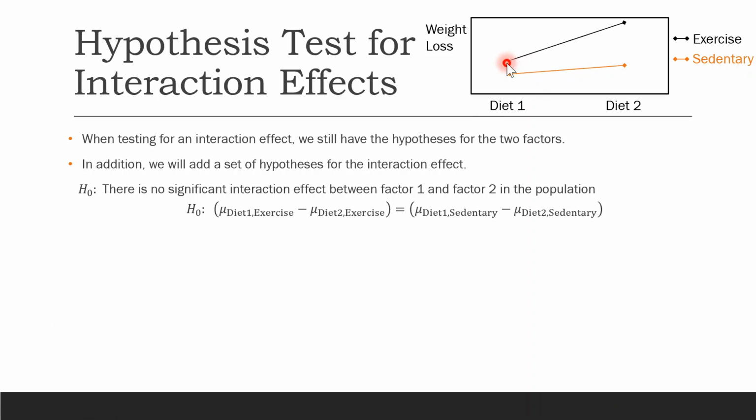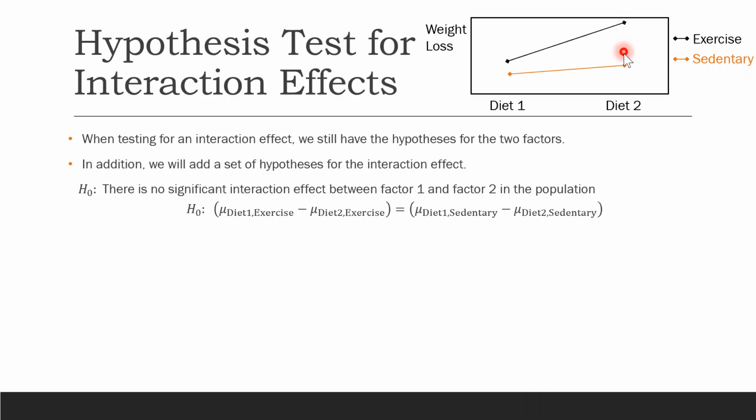Mu of D1 exercise minus mu of D2 exercise. If I ignore the sign of that difference, it would represent the distance between the y values of these two points here, right?